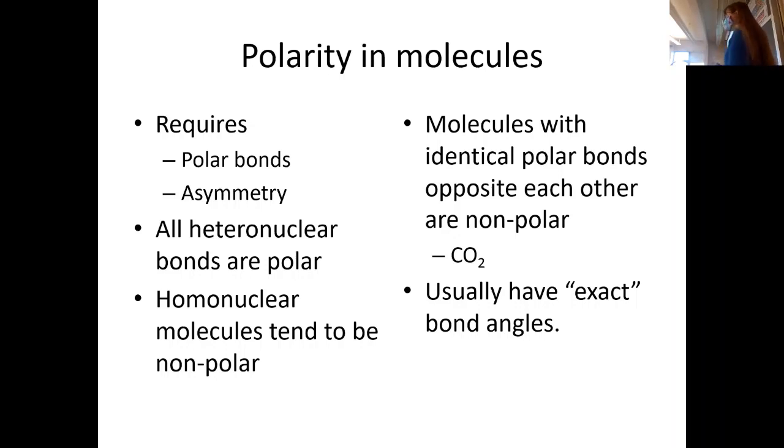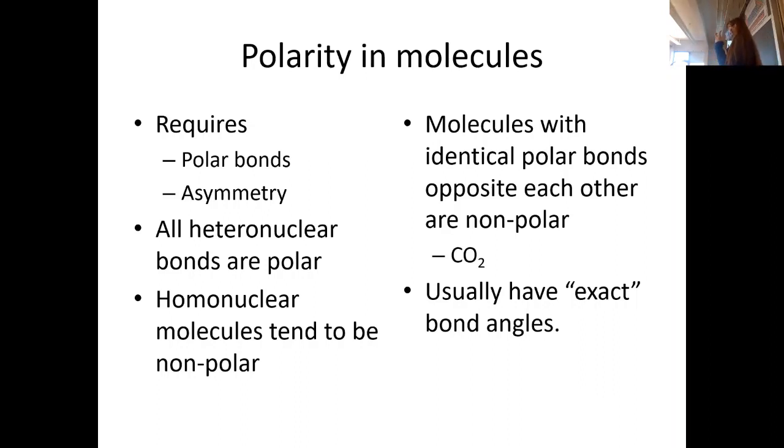Now, this last one is going to make more sense as we go through our different shapes for VSEPR theory. But we're going to be talking about the bond angle. So this is the angle that is created by going from one atom to the central atom to another atom. So remember, with a bond angle from geometry, you usually describe it with three points, the angle of ABC or whatever. So we have to have two bonds and look at the angle between those bonds.